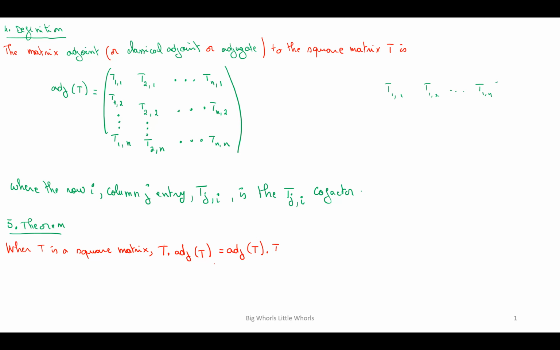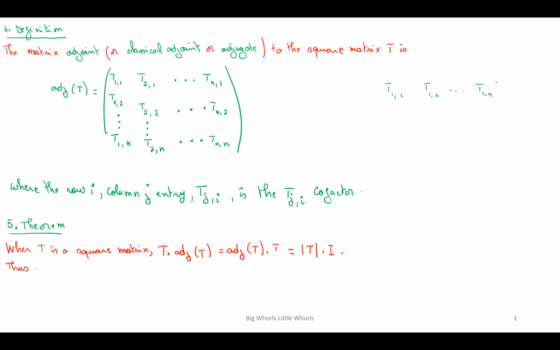T multiplied by the adjoint of T is equal to the adjoint of T multiplied by T, which is equal to the determinant of T multiplied by the identity matrix. Okay.